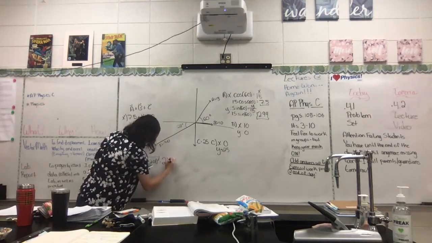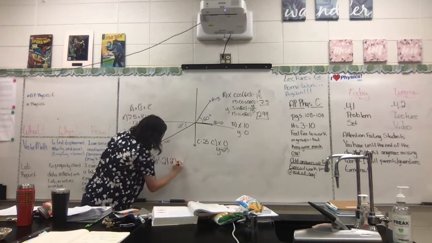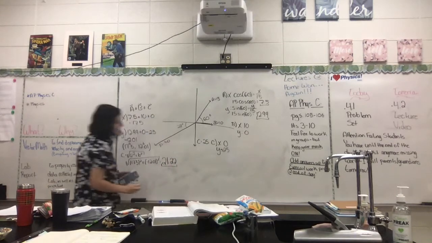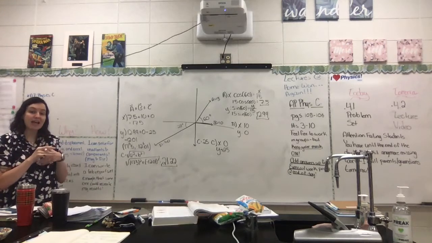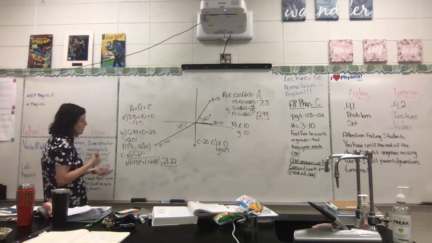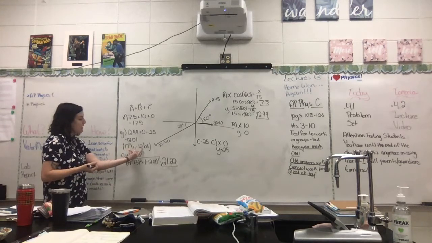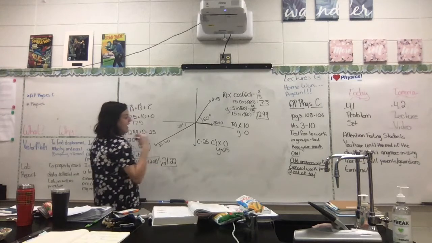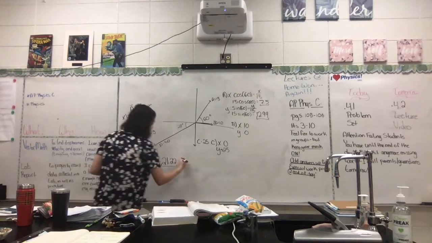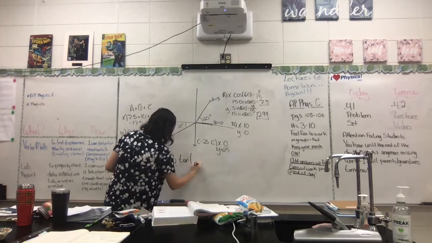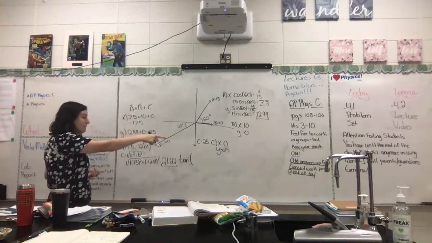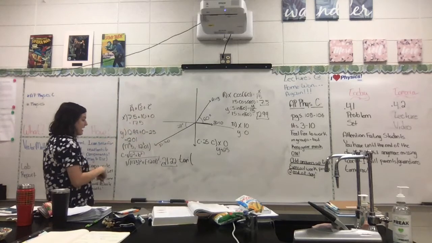Now, the only thing that we have left to figure out is the angle of it. With these two, we can use that inverse tangent once again, like we did previously: the inverse tangent of the opposite over the adjacent.